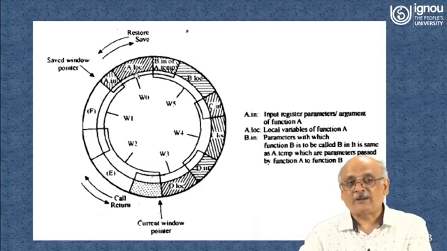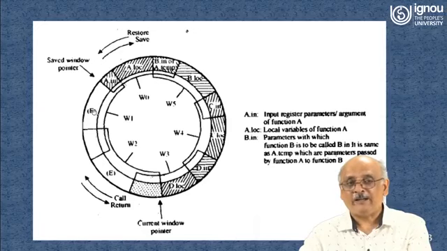Suppose, how many windows are there? 1 window, 2, 3, 4, 5 and 6 windows are there, but in effect only 5 levels of nesting are possible, because we cannot compromise on F writing over the A. So this is the way the circular window operates.